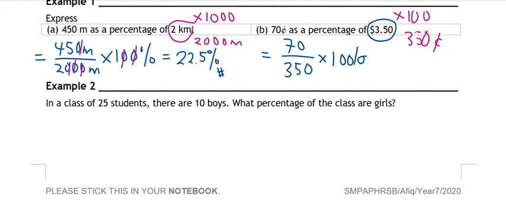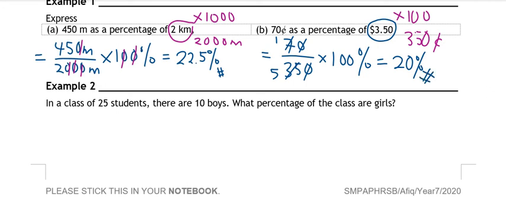Cancel the zeros, and then 7 out of 35 is 1 out of 5, right? So 100 divided by 5, it's obvious that it will be 20%. So that's for example number 1.